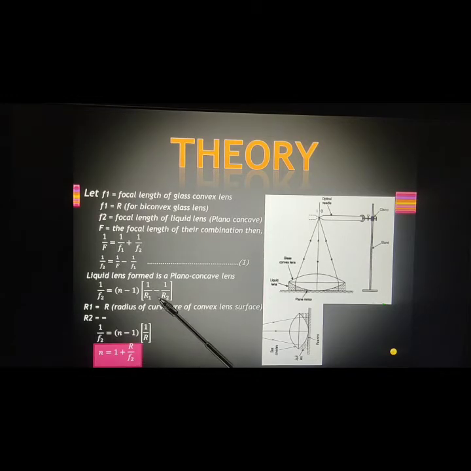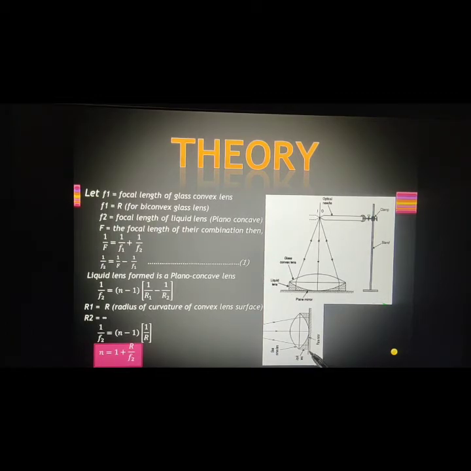So we have R1 as R, which is the radius of curvature of the convex lens, and you have R2, which is the R2 now of this lens. R2 is the radius of curvature of this plane mirror, and for a plane mirror, the radius of curvature is infinity.